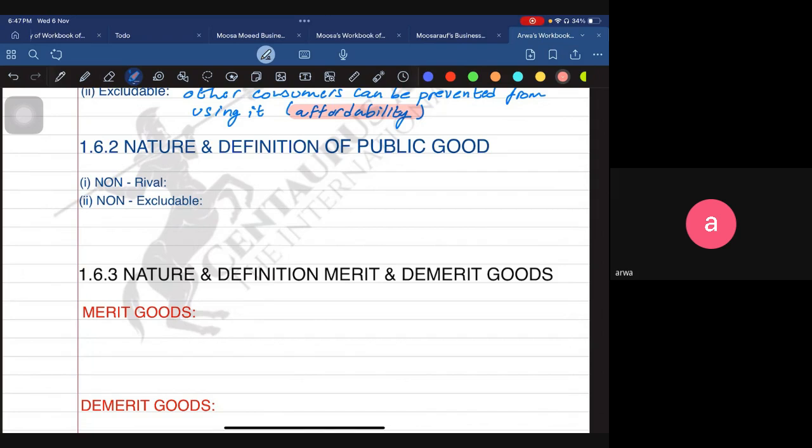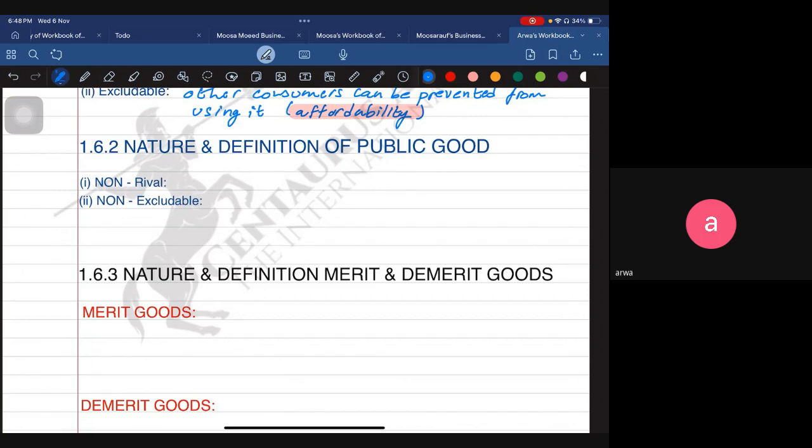So if we talk about the public good, how would you define a public good? A public good is one which is going to be available equally. Basically, everyone in the public has an equal chance of having that good because it's non-excludable. There's usually no price. It's going to be free or way more affordable than private goods.